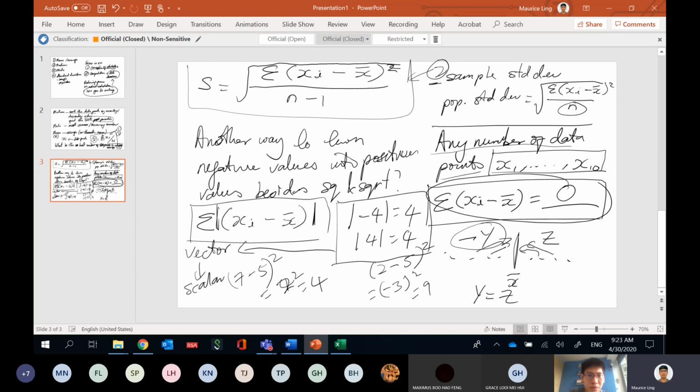That is the first lesson in your Sec 3 physics. So is it easier to use absolute than square and square root? Yes or no? Yes, right? Absolute is so much easier, but why on earth do we still square and square root?